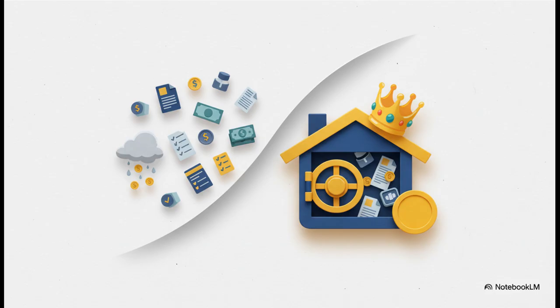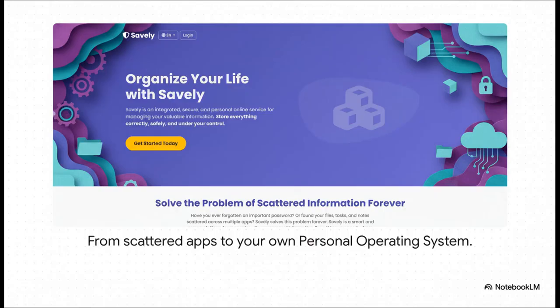It's about swapping those endless subscriptions for a one-time purchase and trading sketchy privacy policies for security you can actually see and control. In the end, it's really all about transforming that chaotic jumble of apps we've been using into something way more powerful and coherent, a true personal operating system that works for you and is controlled by you.